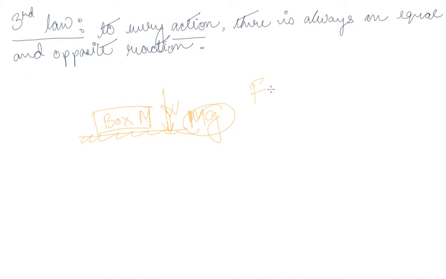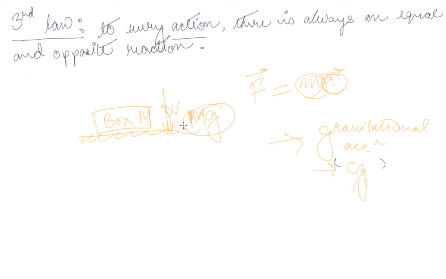Now we have already discussed that force is equal to mass into acceleration. So mass m and acceleration. What is this acceleration? If you are placing any object on earth, earth has a gravitational acceleration of g.